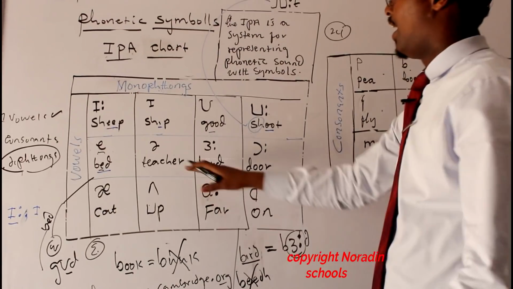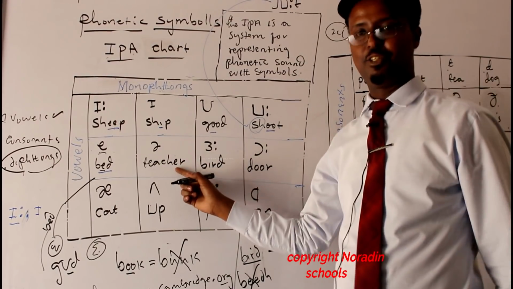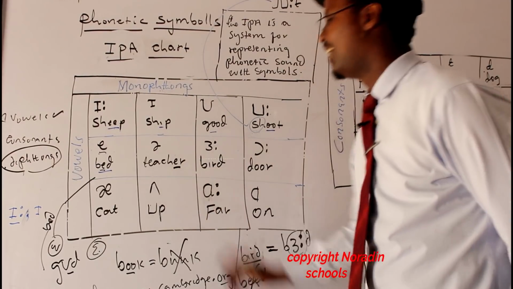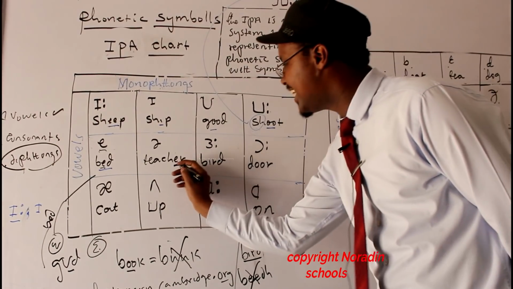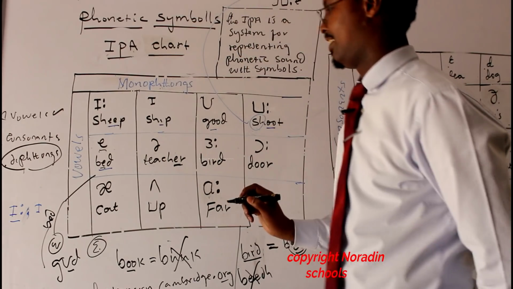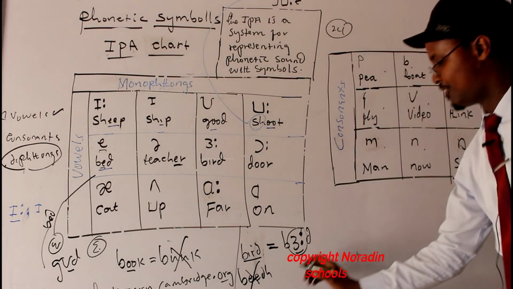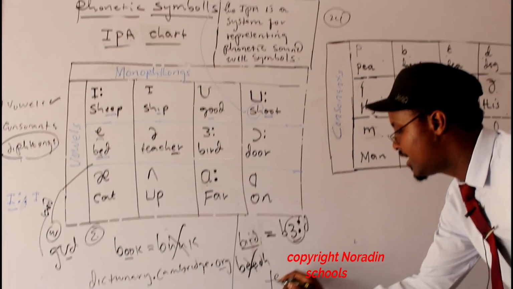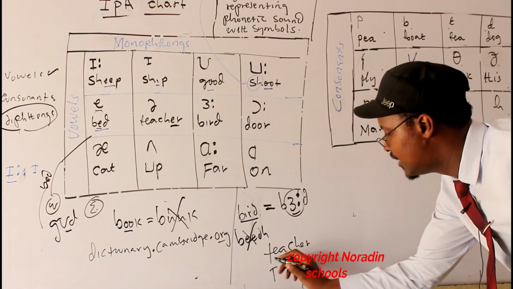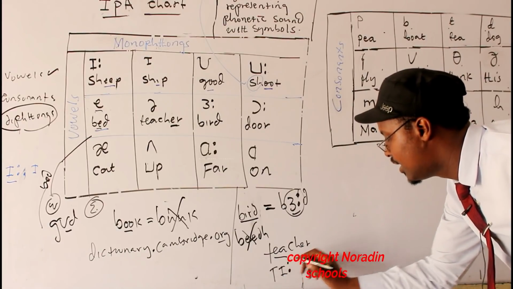Okay. I wanna challenge you. If I ask you write the pronunciation of the word teacher, how would you write? Because the ER has the sound like this, like that. So if a teacher asks you write the pronunciation of the word teacher, you have to write T and then E and then Ch.